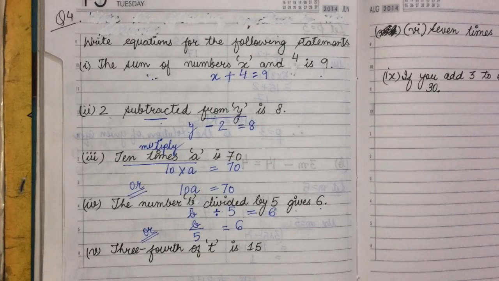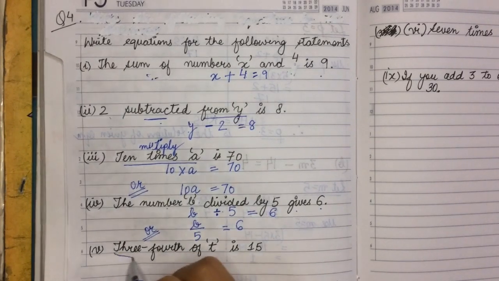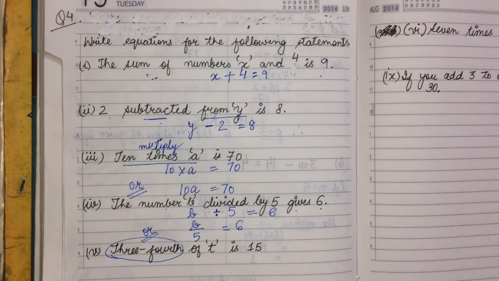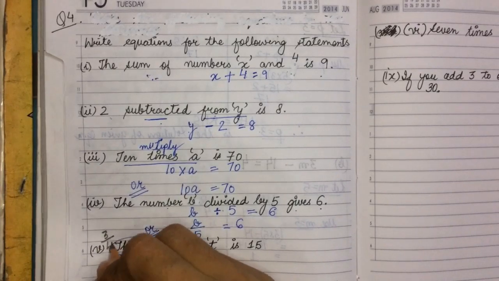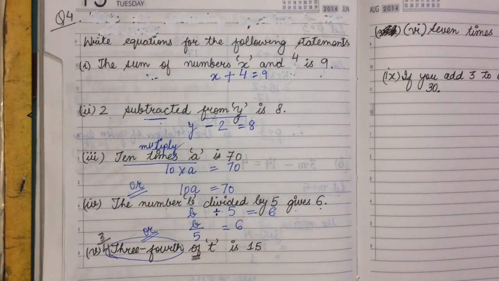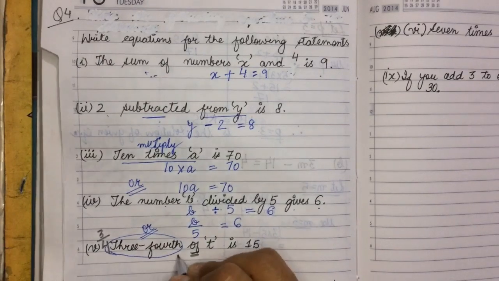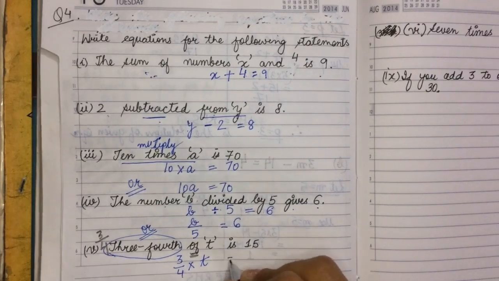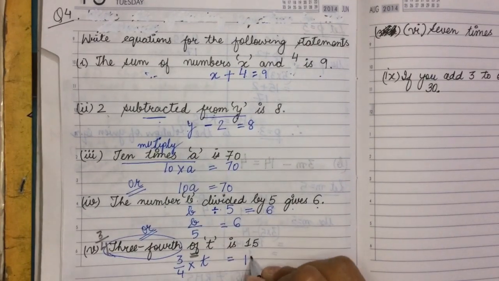Next one, 3/4 of t is 15. So 3/4 is a fraction. This is 3 by 4. And of represents multiplication. So I have 3 by 4 multiplied by t equals to, the answer is 15.